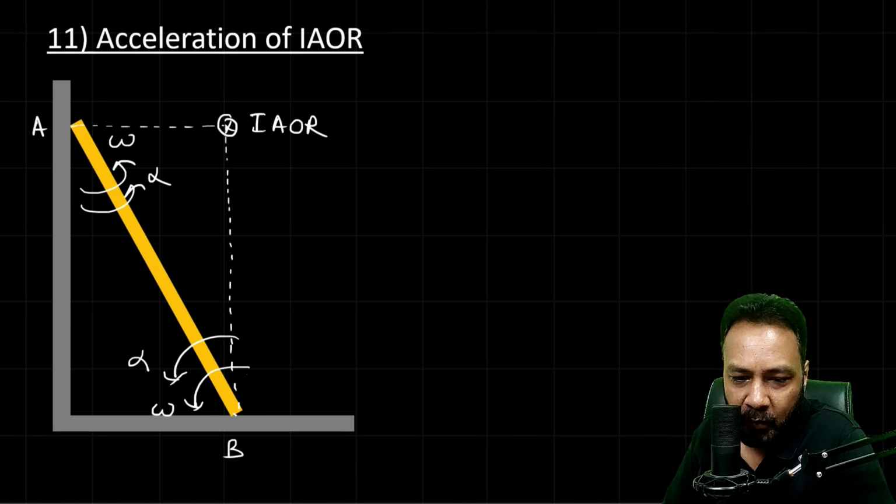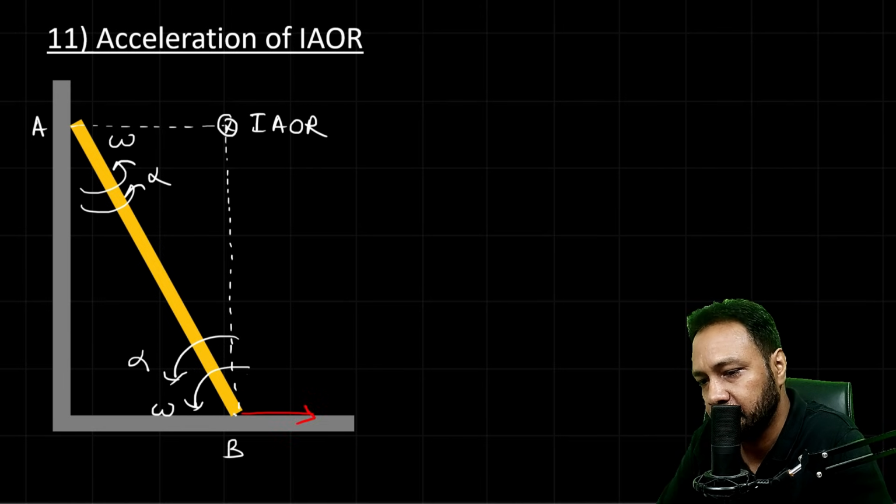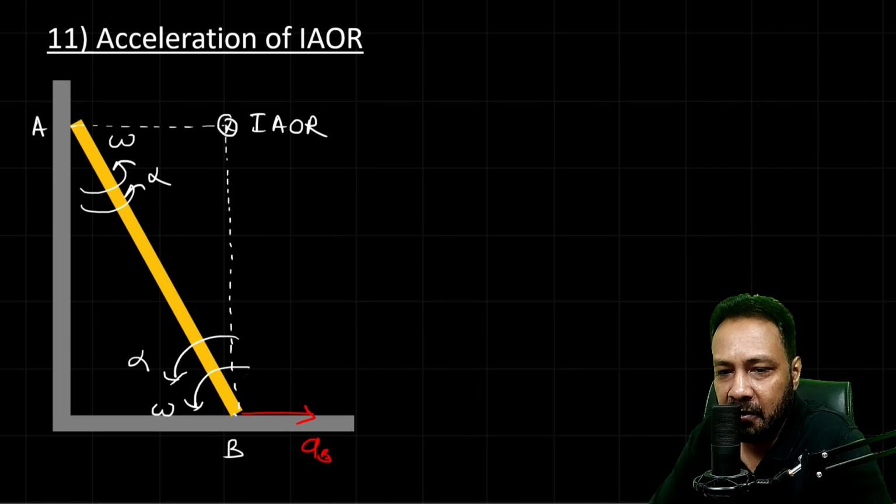And we know that if we know the acceleration of one point of the rigid body, we can get the acceleration of any other point. So this acceleration we got, AB, and this angle is theta. So this length would be L sine theta. So with respect to B, IAOR will have one acceleration, that would be towards B.